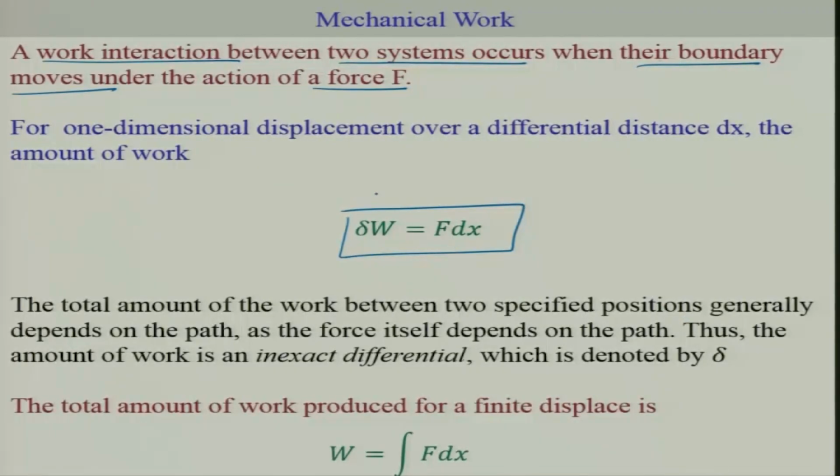The reason for putting delta here is that the force, or in general the total amount of work, depends on the path along which the process has occurred. Thus, the amount of work is an inexact differential, and we represent it by delta. So, for the case of finite displacement, we simply take the integration of F.